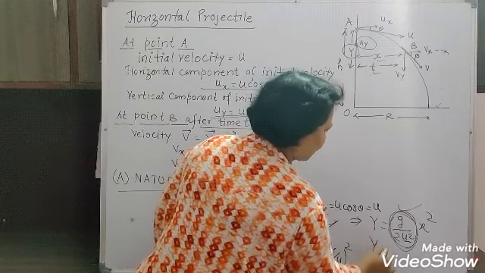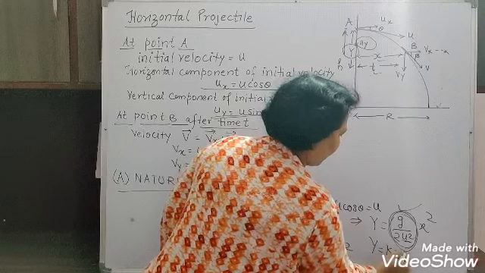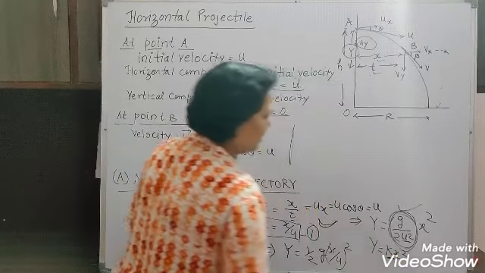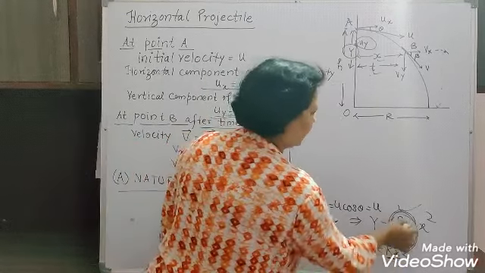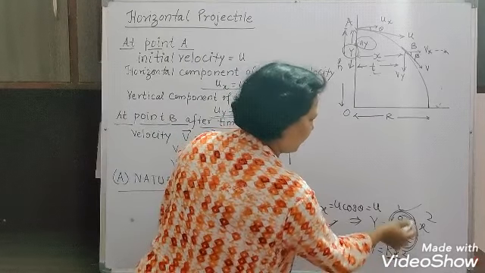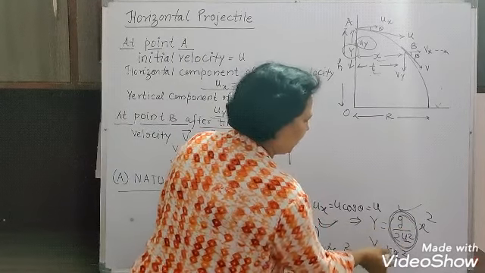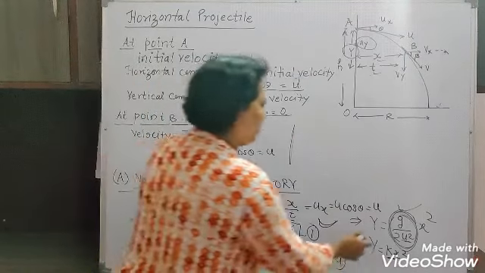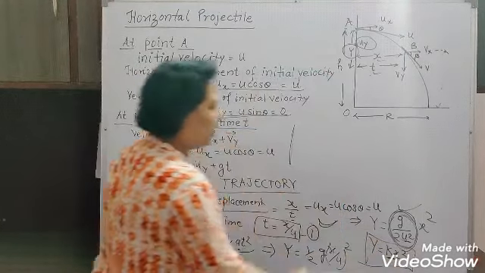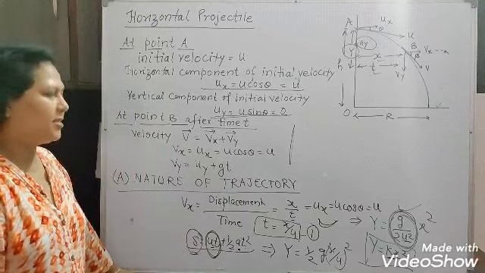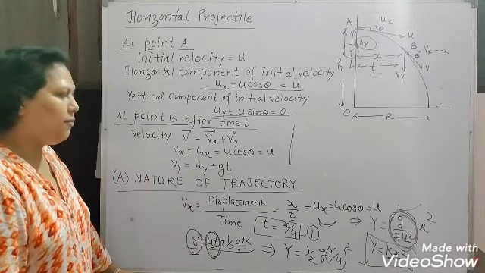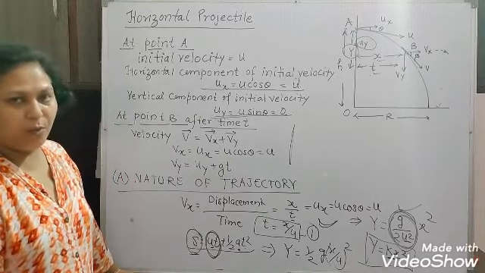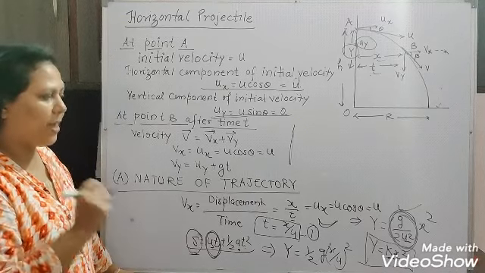If we replace this quantity with k, a constant, the formula becomes y equal to kx square, and it is the formula for the parabola. This is the formula for the parabola.